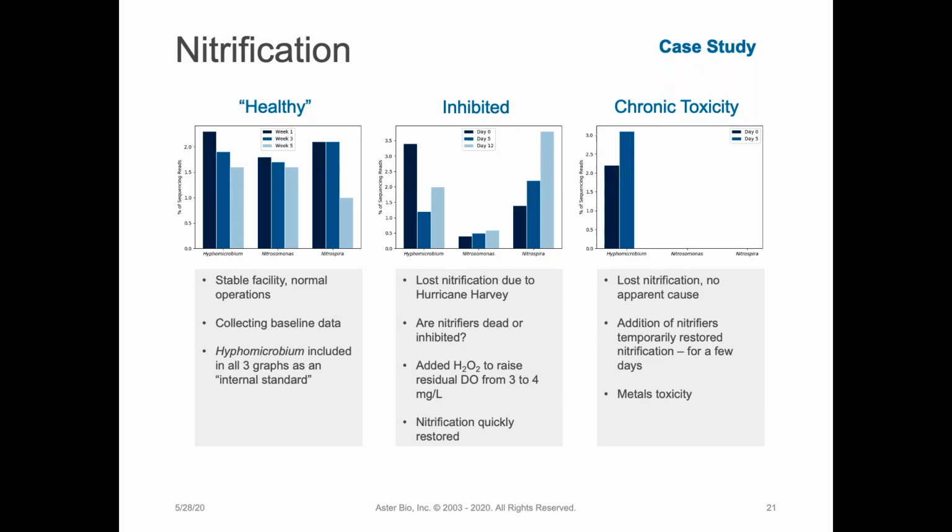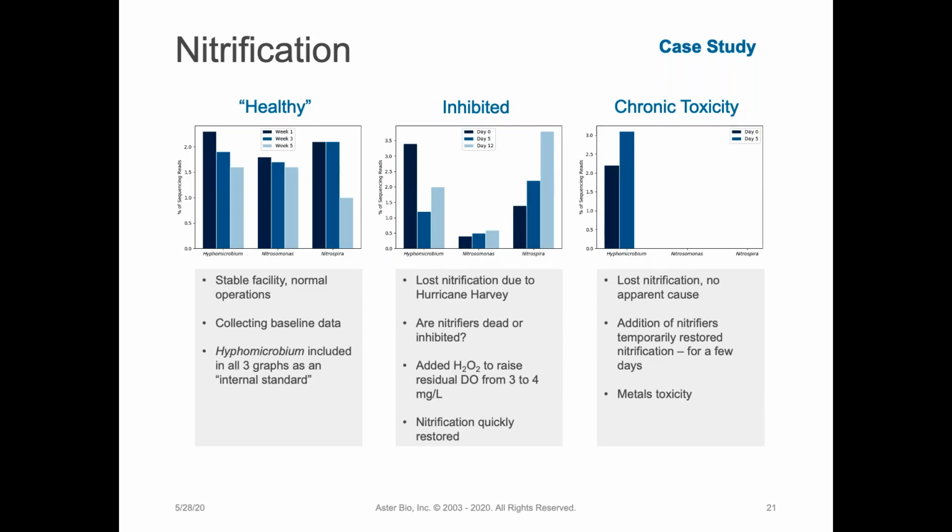And if a system has lost nitrification, as in the two examples on the right, the real question is, why have they lost nitrification? In the middle case, nitrification disappeared, but the bacteria were still there at low levels. This was an example from a Houston facility where Hurricane Harvey flooded out the system.